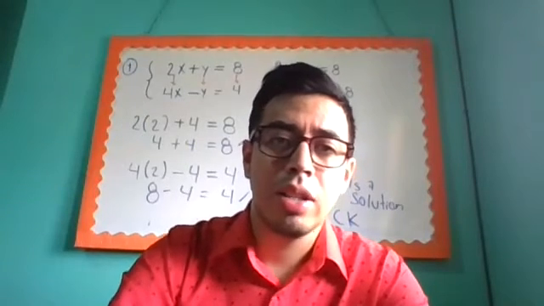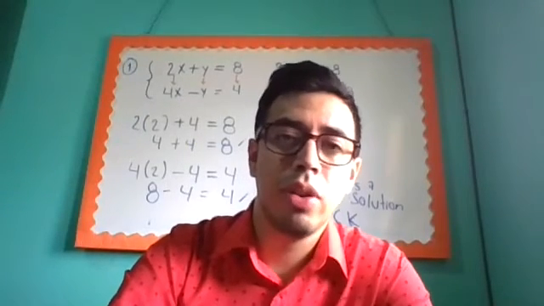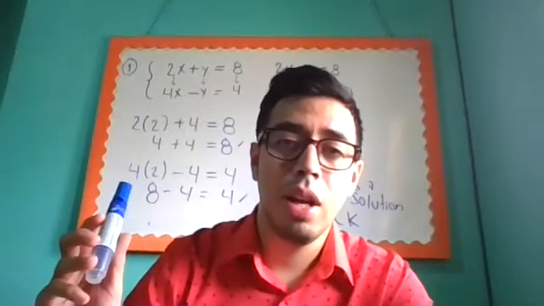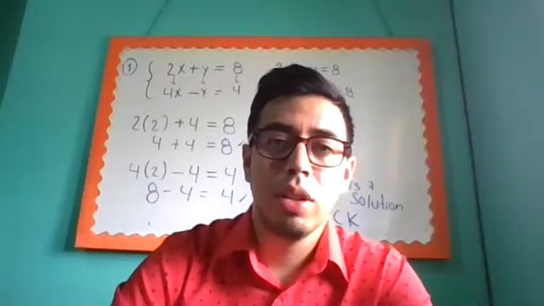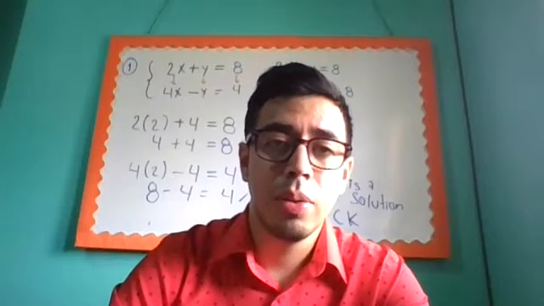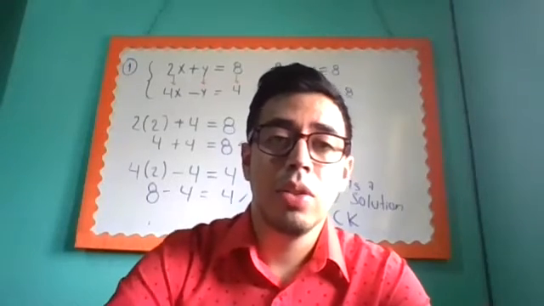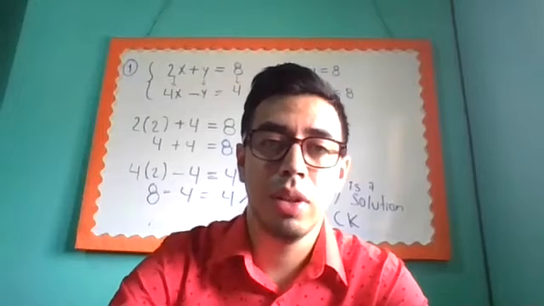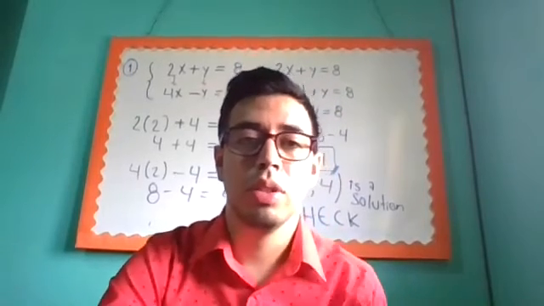We obtain one statement that is true. 4 plus 4 is going to be 8 for the first one. For the second one, for example, 8 minus 4 is going to be 4, okay? So what are you trying to check? If the solution fits in the equation correctly, okay? If the statement is true.